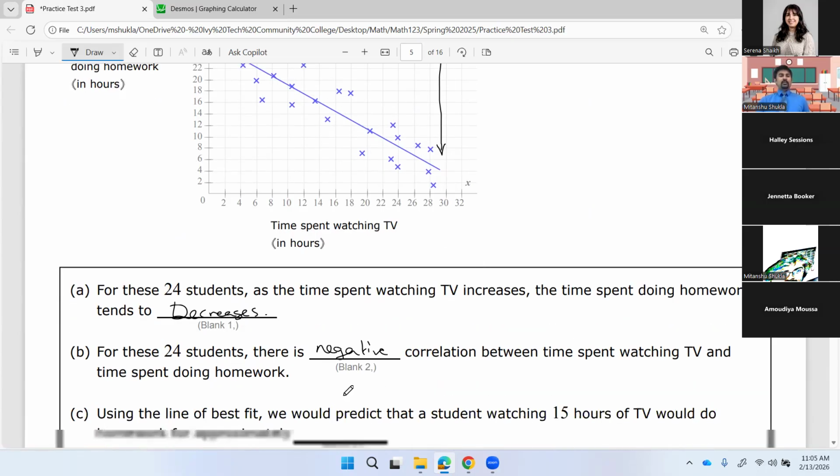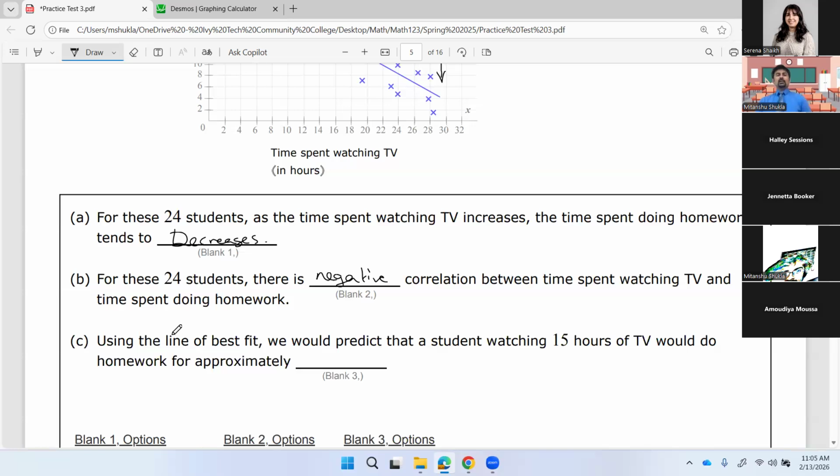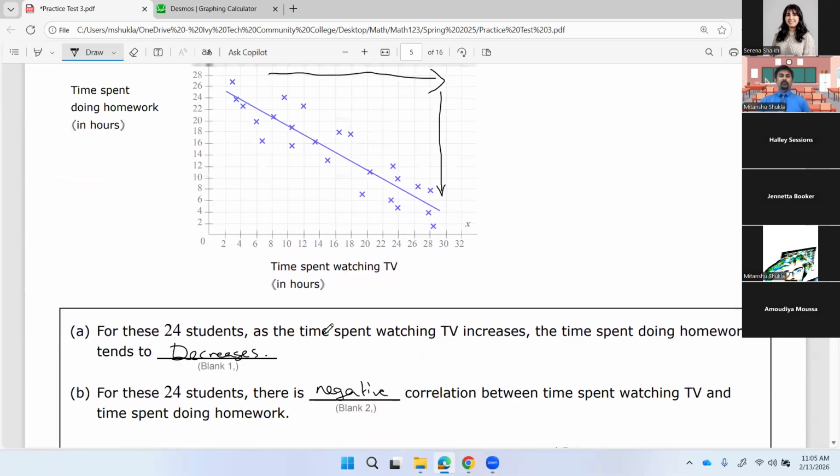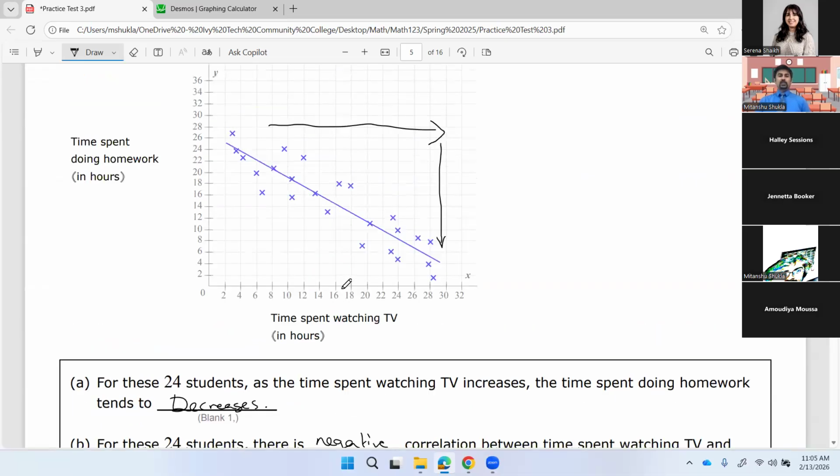Okay. And then using the line of best fit, we would predict that a student watching 15 hours of TV would do homework for approximately how many hours? So we're going to find 15 on number of hours watching TV, and we're going to draw a line straight up from it until we get to our best fit line, which is this blue line here.